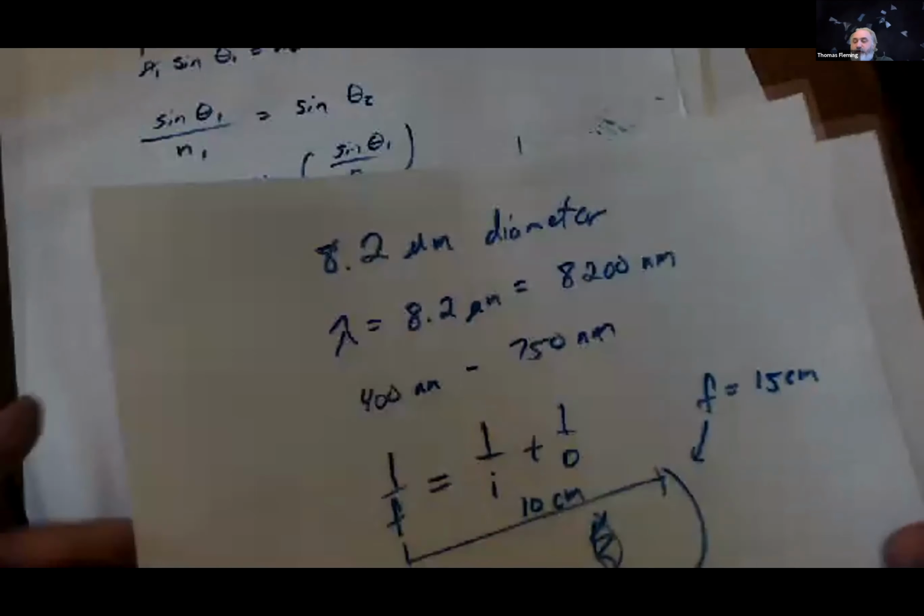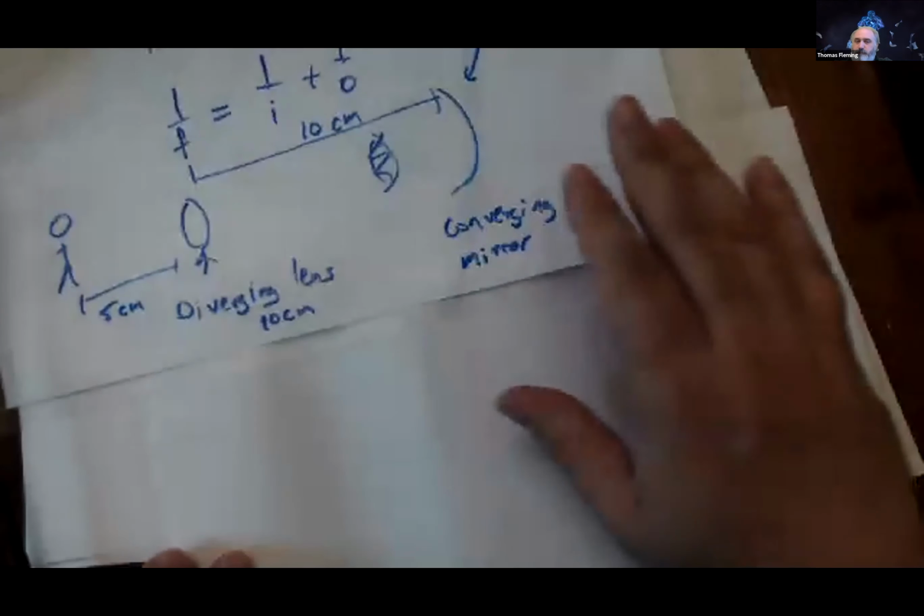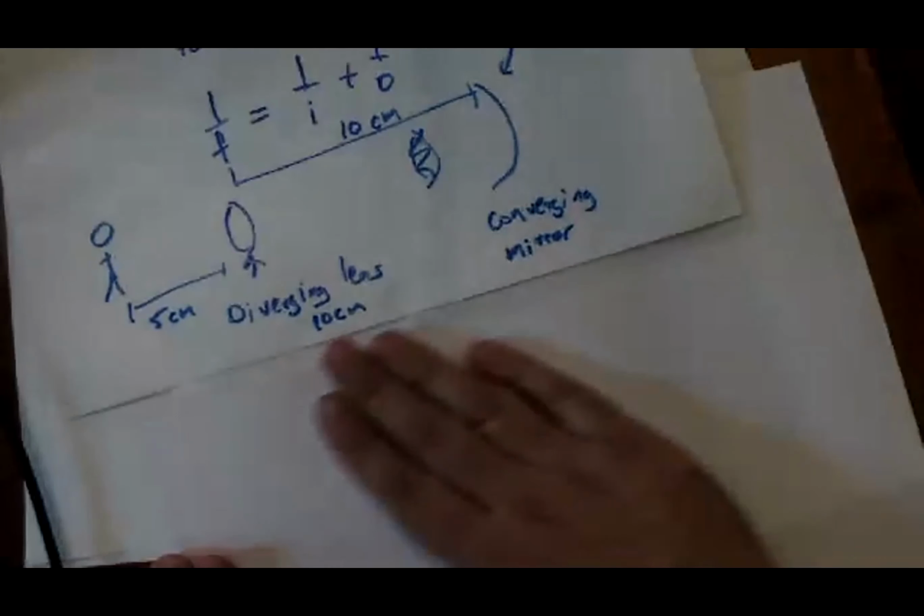So we're working through this. We're going to have to find O. What is O? It's 5. Yes, O is given.